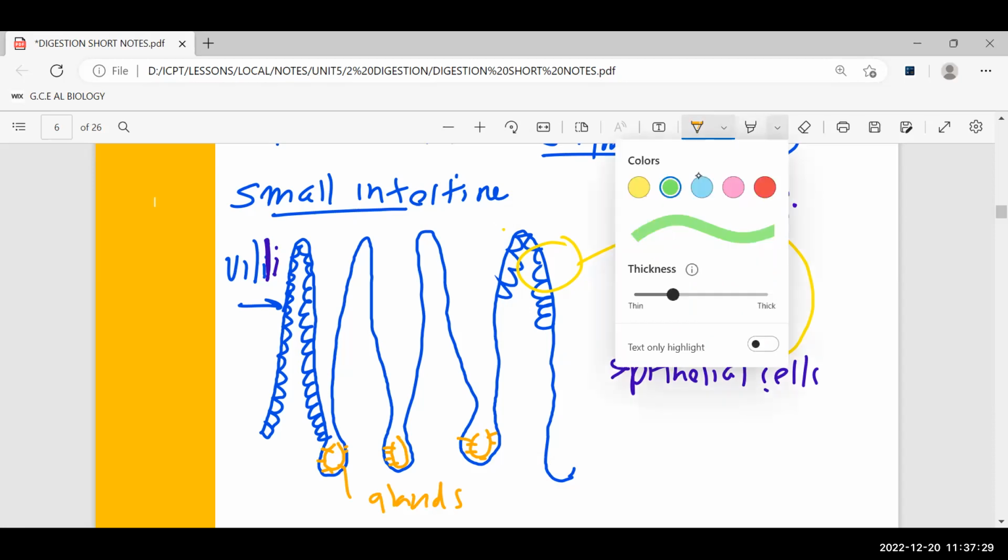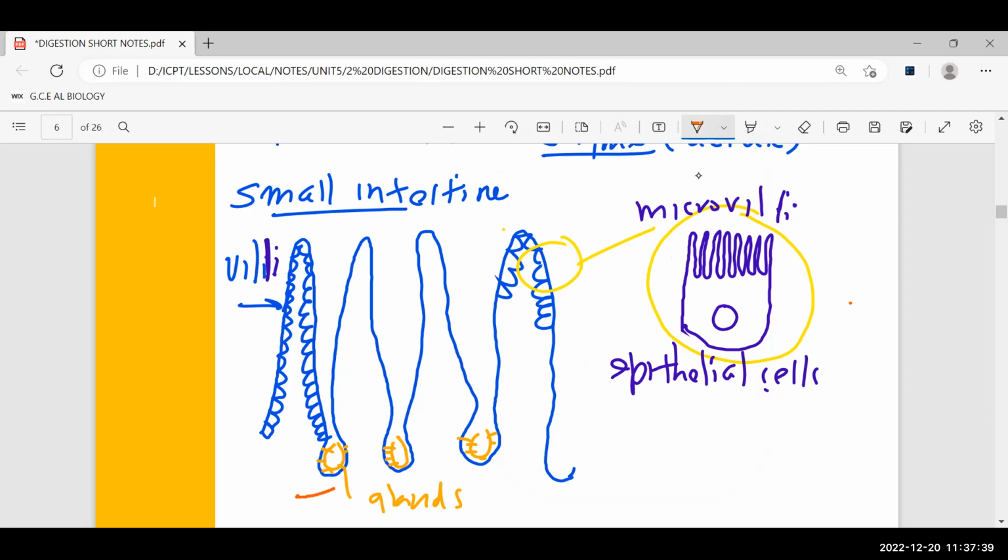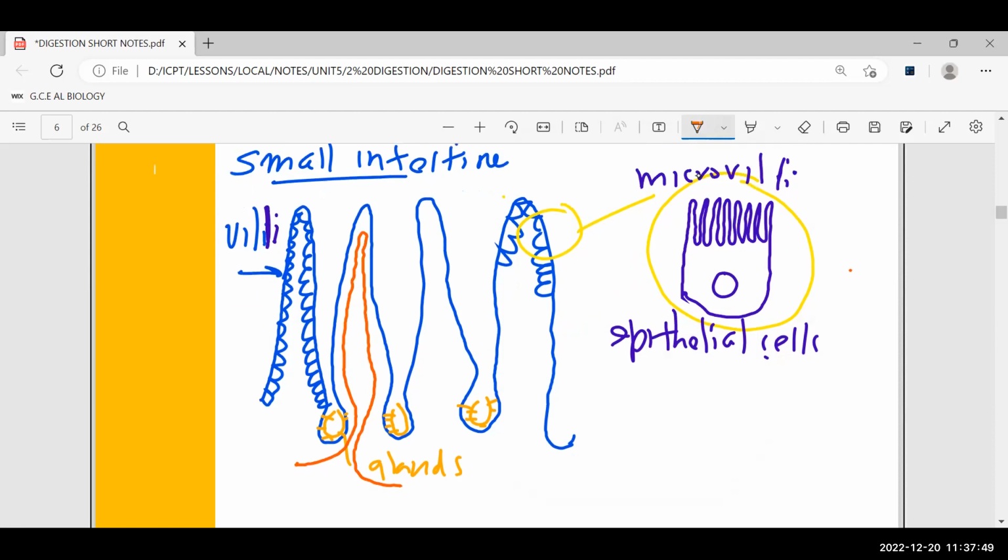And most of these projections, villi, have a very rich blood supply, the capillaries. You will see why capillaries are important, because most of the absorption into the blood takes place in the small intestine. That's why they have a blood supply.